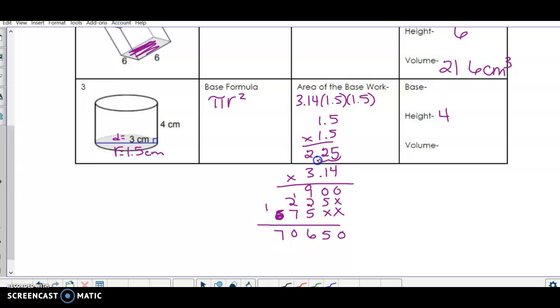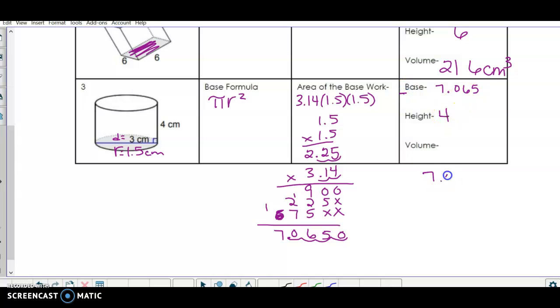And then I have 1, 2, 3, 4 decimal places. We're going to write 7.065 here. And we need to do area of the base, big B, times height.